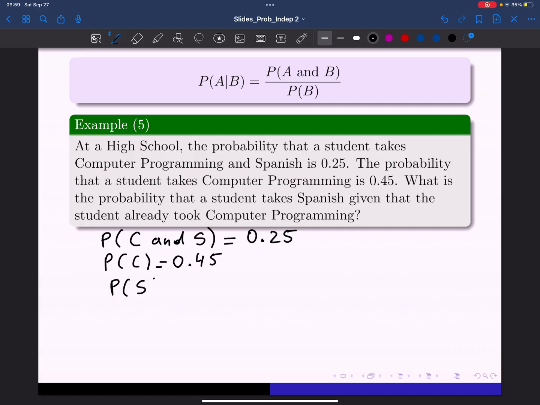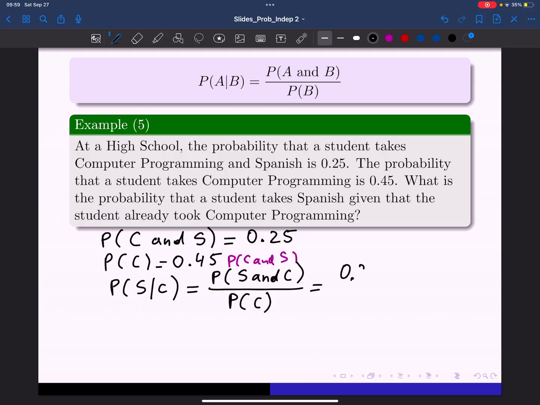We are asking for the probability that the student takes Spanish given that he took computer programming. The probability of Spanish given that computer programming is already taken, we're going to use according to this formula, the conditional probability A given B is P of A and B divided by P of B. So we have the probability of S and C divided by P of C. S and C is the same as C and S. So this is equal to 0.25 divided by 0.45.